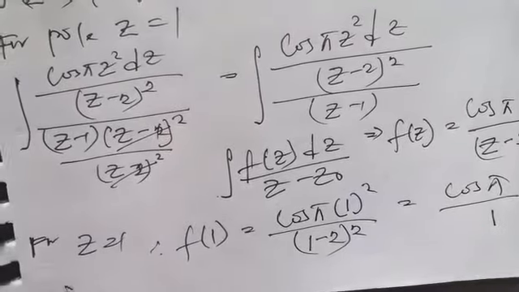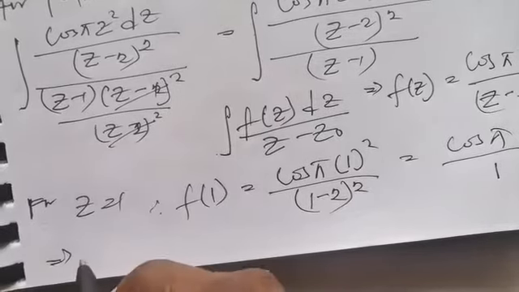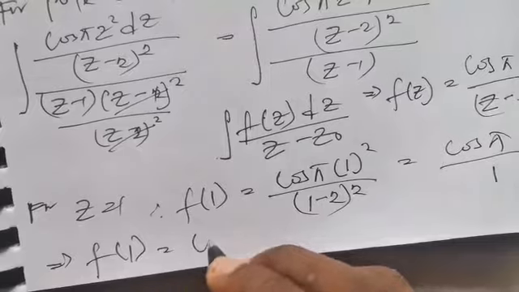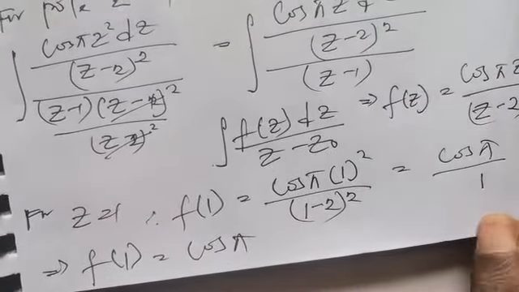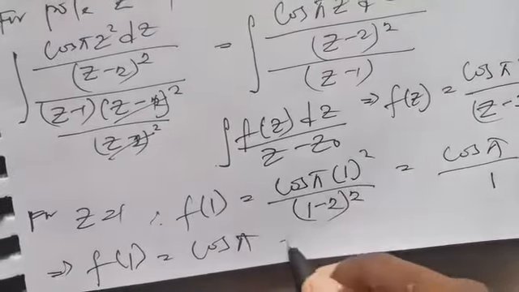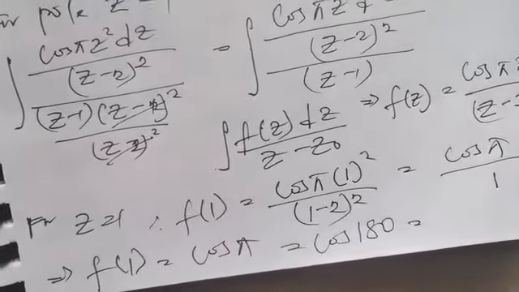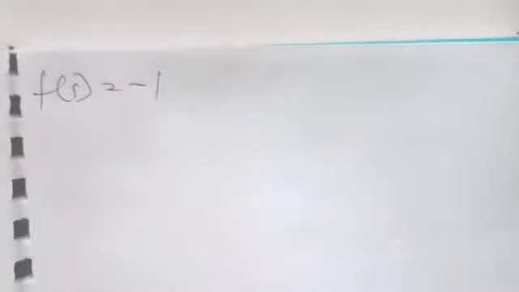So f(1) is equal to cos pi, and pi in front of a trig function always appears as 180 degrees. So this is cos 180, and the result is equal to minus 1. So for the first pole, we have f(1) equal to minus 1.